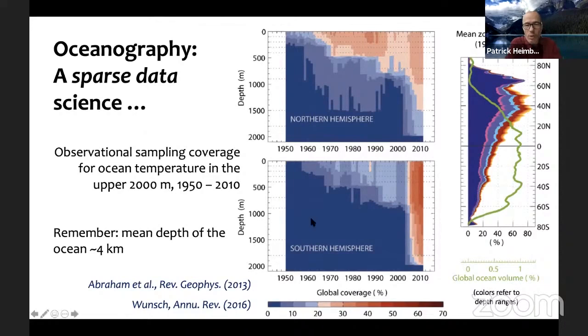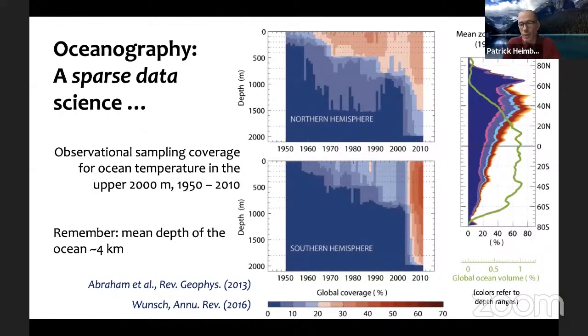This only improves in the mid-2000s, as Anish pointed out, when we start to have the Argo float array program that allows us to profile down to 2,000 meter depth. That improves the situation somewhat. We are at the 40% level, and we still remain data sparse below the 2,000 meter level. But keep in mind that the ocean's average depth is 4 kilometers.